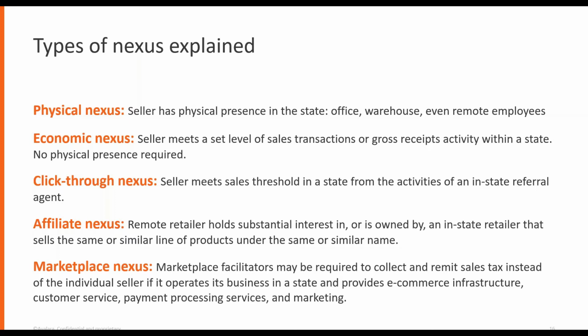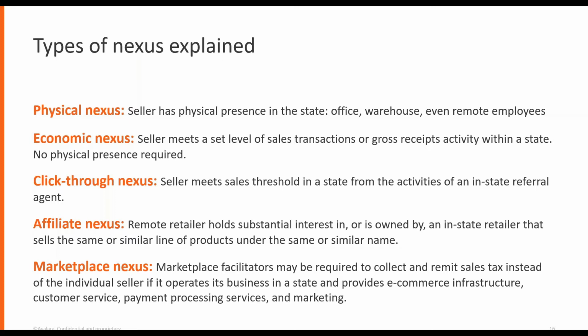With the new ways of selling and interacting with customers, we're finding new forms of nexus all the time that states are coming up with. Affiliate nexus is where you have an operating company, for example, that might sell in a particular state, even if your parent company doesn't. So that would trigger a nexus for that entire entity because of that affiliate status. And then finally, marketplace facilitator laws with the marketplace nexus.